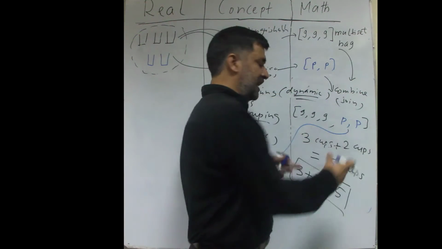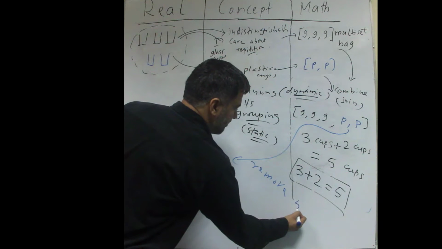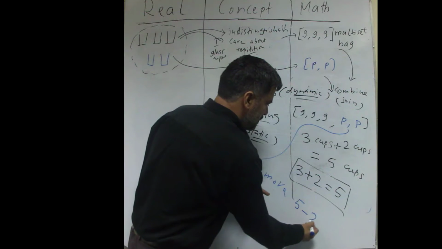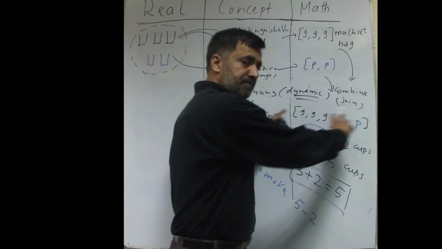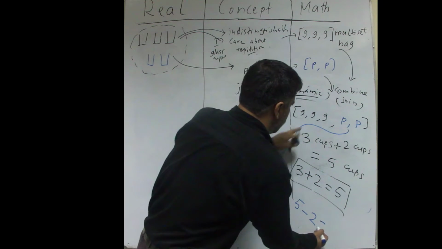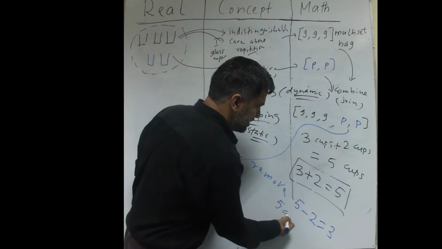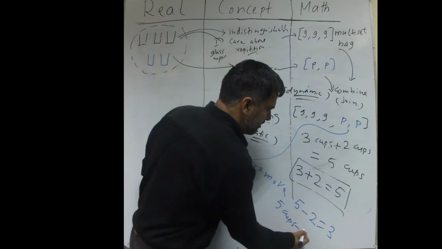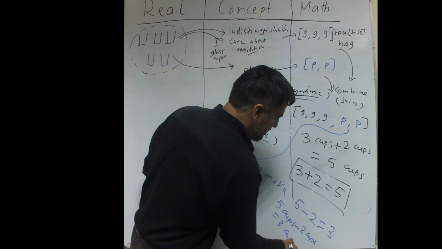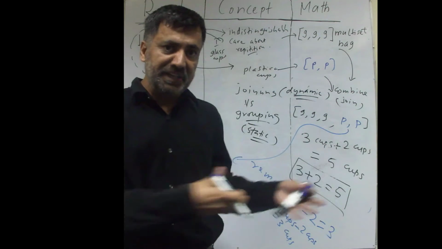So that will give me subtraction: 5 minus 2. The total is 5 objects, you remove 2 objects, and you are left with 3 objects. And if you want to write the quantity, you can do that as well: 5 cups minus 2 cups equals 3 cups. Remove something, dynamic, where you remove something, delete something.